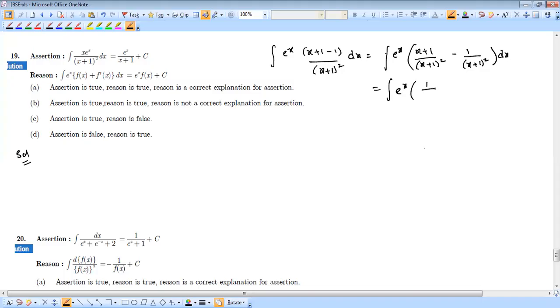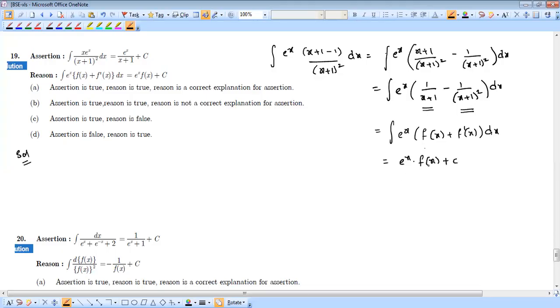The integral of e power x times 1 by x plus 1 minus 1 by x plus 1 whole square dx looks like f of x and f dash x. It is e power x into f of x plus f dash x dx. As we know the formula, the integral of e power x into f of x plus f dash x dx is e power x into f of x plus constant.